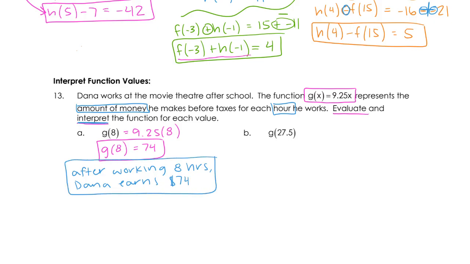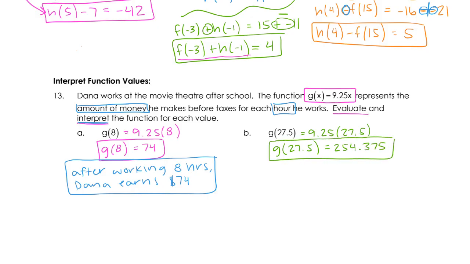Now doing the exact same thing for part B, so g of 27.5, meaning we're going to plug 27.5 in, so 9.25 times 27.5. This would give us g of 27.5 equals, this would be 254.375. Now, that is kind of a weird number to get when we're talking about money.